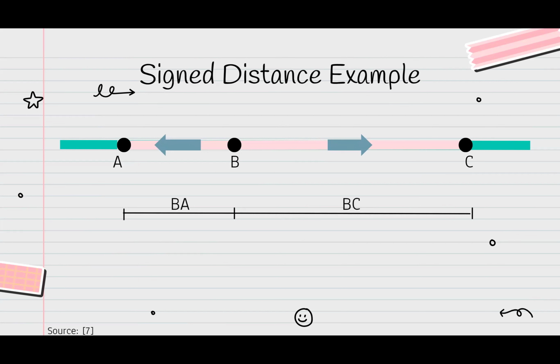Because they point in opposite directions, they will have opposite sign values. For example, if the right direction is the positive direction, then BC will be positive and BA will be negative because these two lines are going in opposite directions. To further emphasize, BC does not equal CB, because BC is going to the right, however, from point C to B is going to the left. So they would have the same value, just of opposite signs.